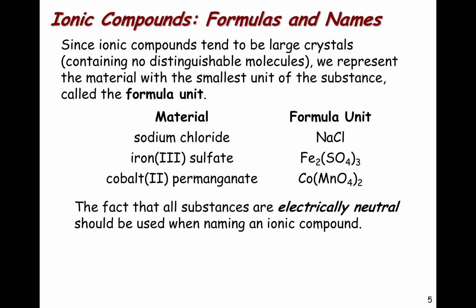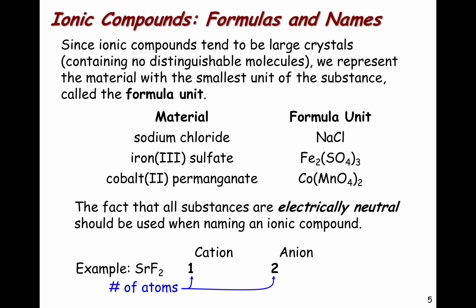The crucial thing is that the overall charge in combining the positive and negatively charged ions has to end up being 0, and therefore we have to come up with a way to mathematically deal with that. As an example, if we take a relatively simple compound like strontium fluoride, having the formula SrF2, we recognize that there's one of the strontium metal cations, and two of the fluoride anions, and then multiply by the charge of each of the ions.